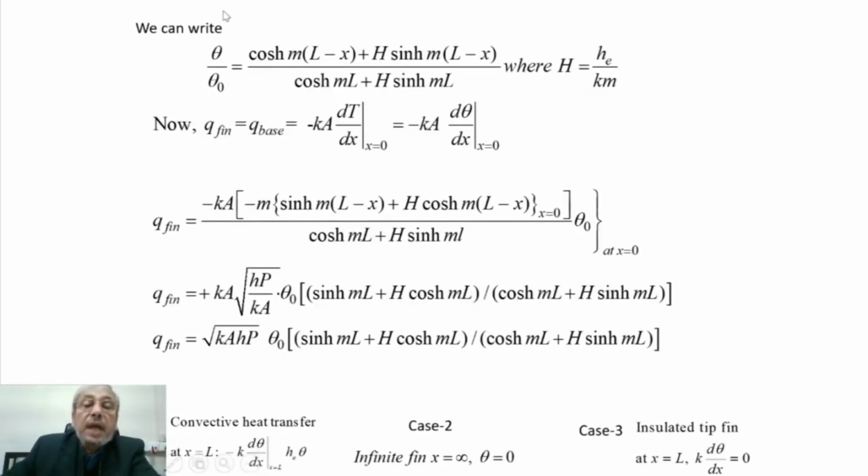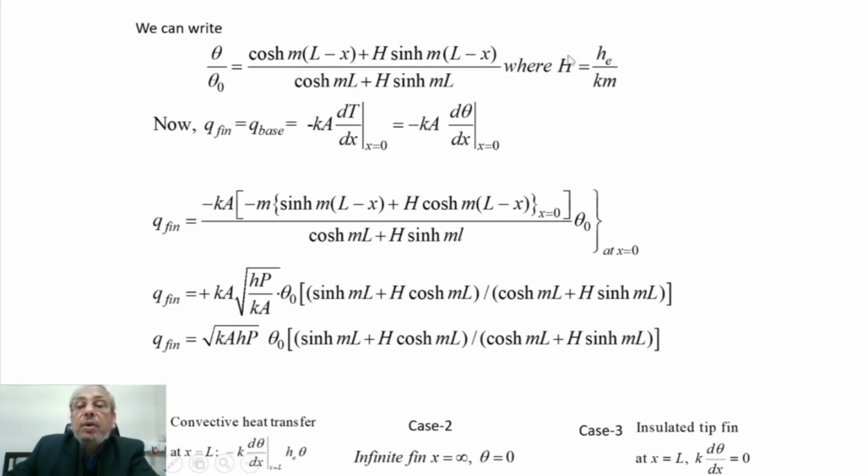So we can write it in a more arranged way: theta by theta naught equal to cosh m(L minus x) plus H sinh m(L minus x) divided by cosh mL plus H sinh mL.